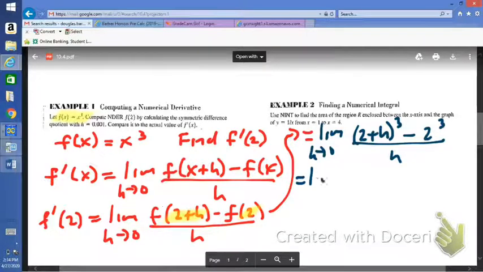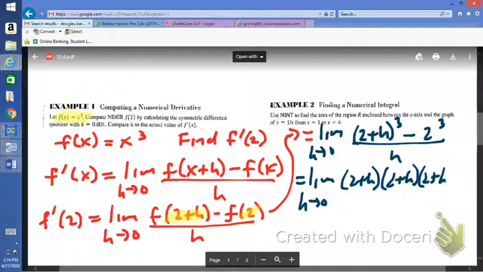So this is going to equal the limit as h approaches 0 of 2 plus h times 2 plus h times 2 plus h minus 8 all over h. Alright, and so we're going to have to multiply all this out.